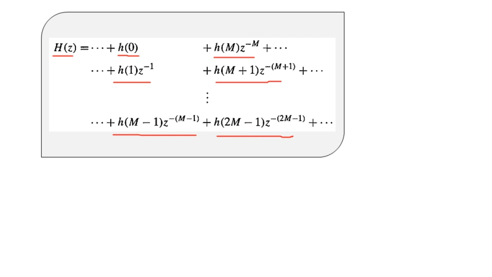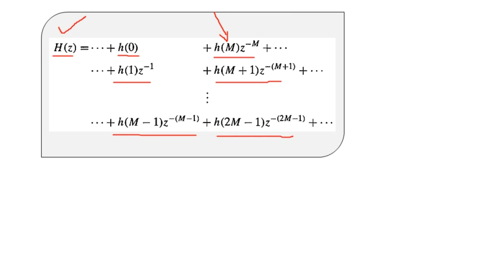So here we know H(z) is the filter transfer function, whereas capital M is the net decimation factor. It will be an integer value in general.